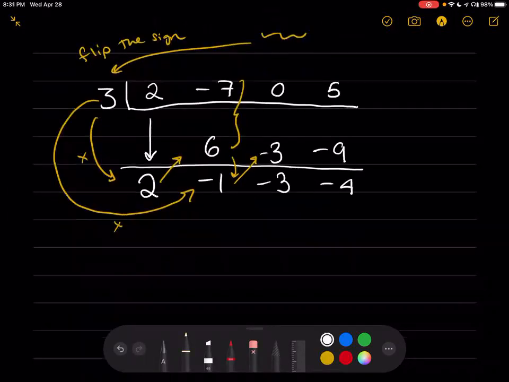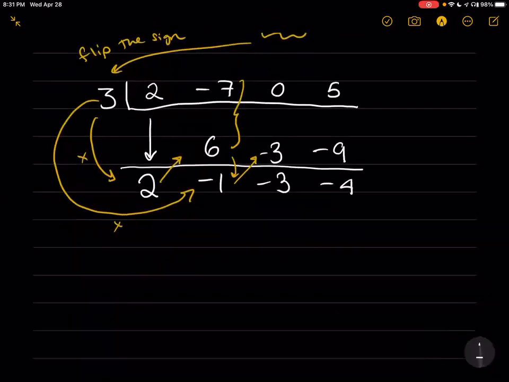And so now we just need to translate what we've written down into something that actually makes more sense. So the first whatever numbers are going to be your quotient. And this is your remainder.